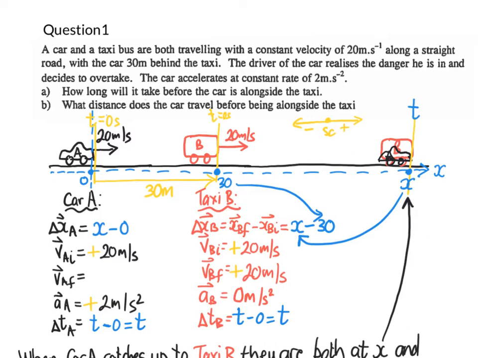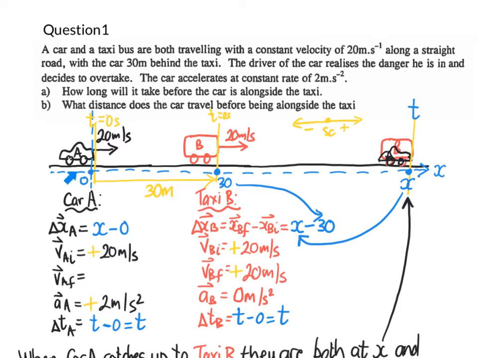Now, what is critical here is that one defines the problem and starts the problem off correctly. My suggestion to you is that you have two data lists, because the motions of the two objects are different, and that you define a coordinate system.